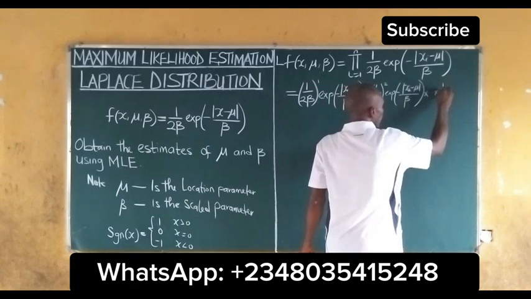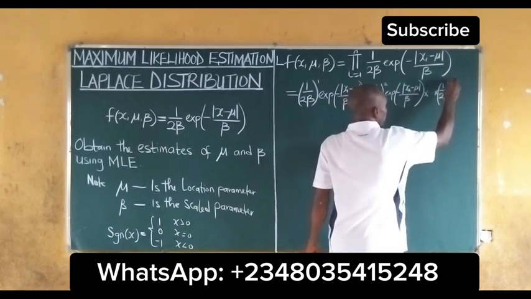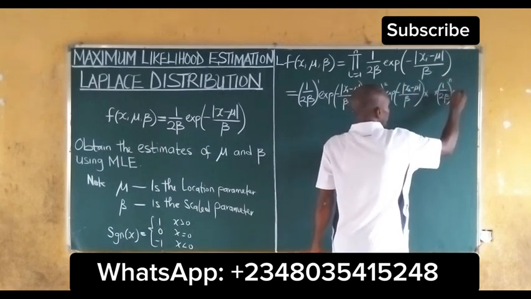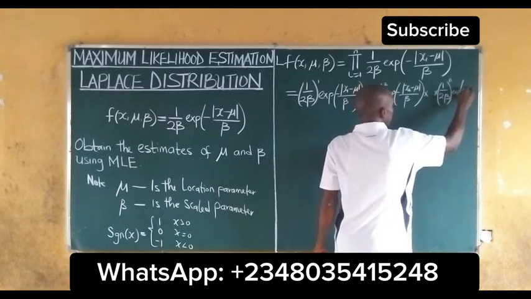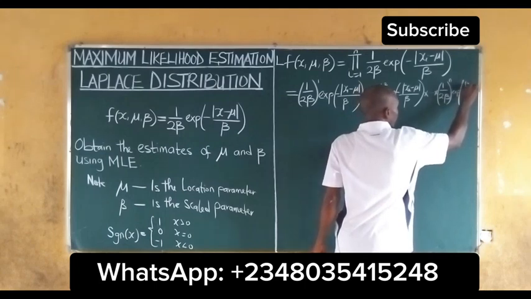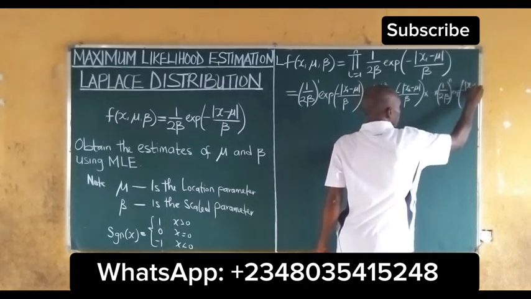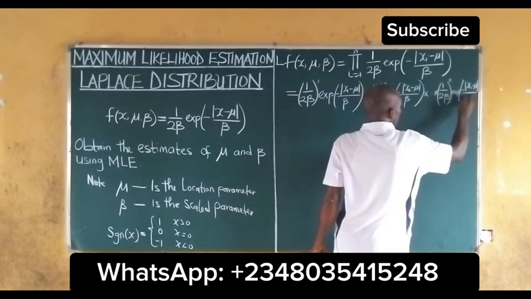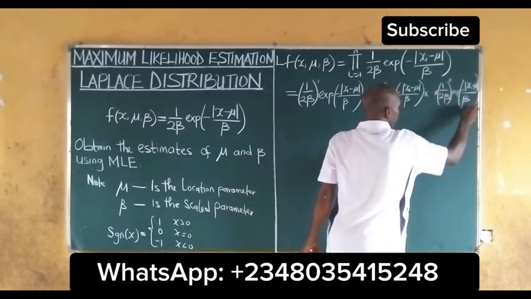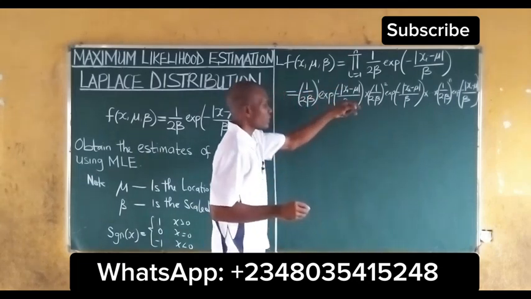You now get 1 all over 2 beta raised to the power of n, exponential negative xi minus mu all over beta. This is what we'll get.